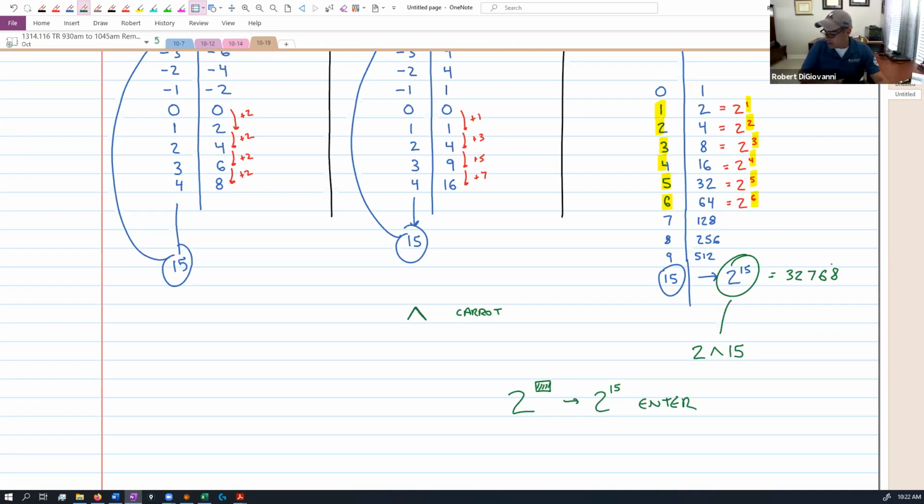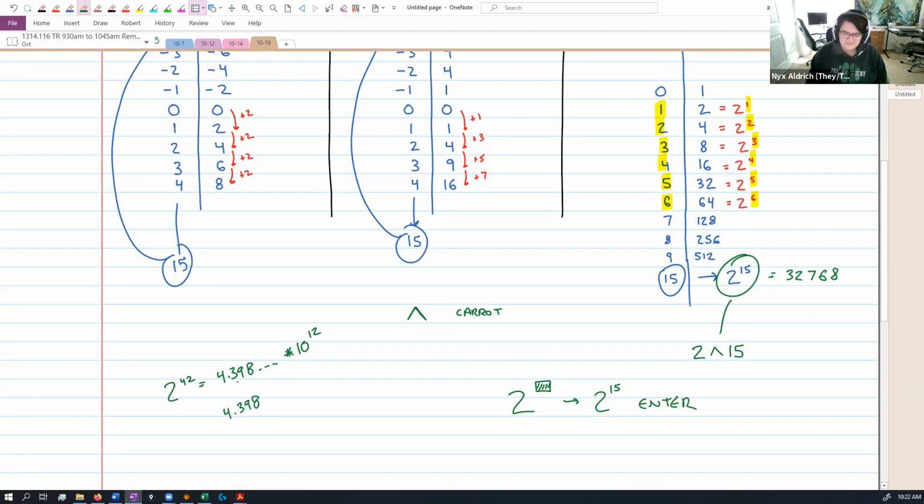That sounds about right, because what would 2 to the 42 power be? Try that on your calculator. 2 raised to the 42. Your calculator is going to say something like 4.398, blah, blah, blah, and then at the very end it says times 10 to the 12th, which really means take 4.398 and move the decimal point 12 places to the right. So 1, 2, 3, 4, 5, 6, 7, 8, 9, 10, 11, 12.